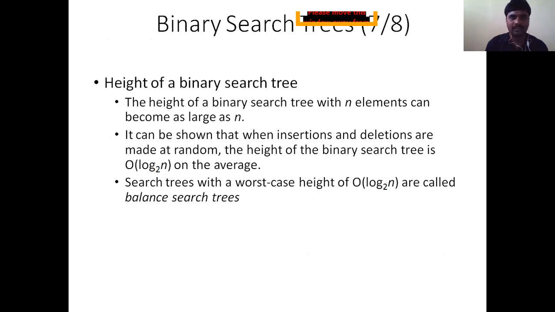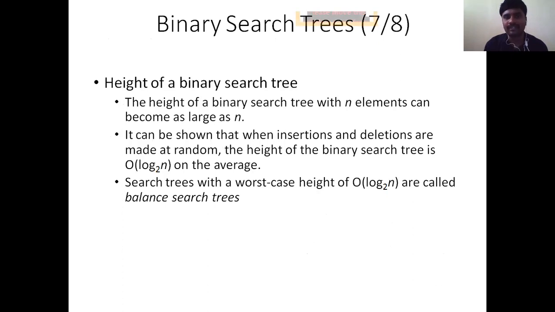Now the height of a binary search tree. How can we find the height of the binary search tree? The height of a binary search tree with n elements can become as large as n.